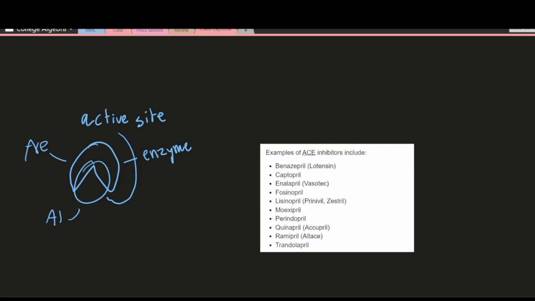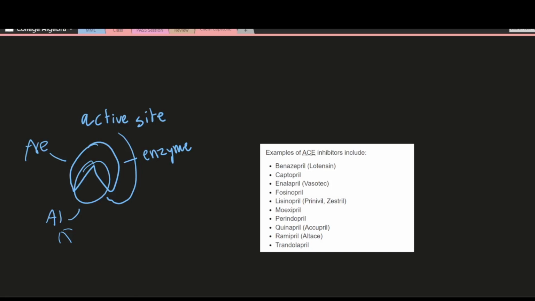But what the ACE inhibitors actually do, they just fill up this little gap by essentially imitating the shape of the substrate, or in this case angiotensin 1, to block up the enzyme.